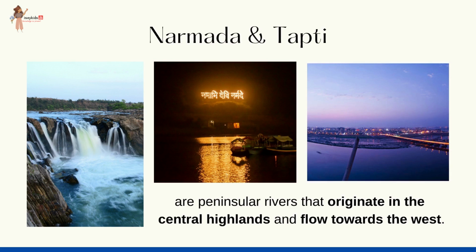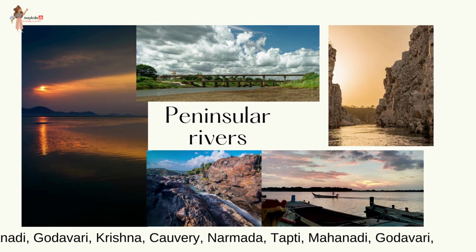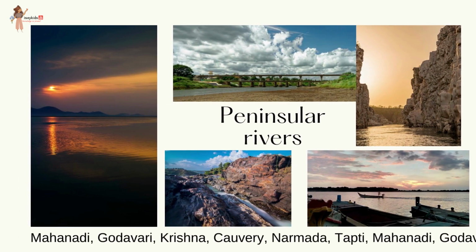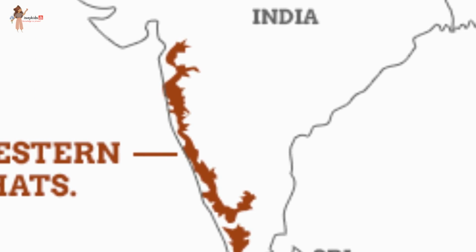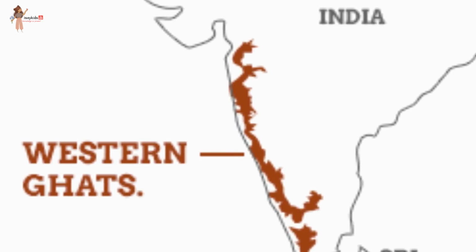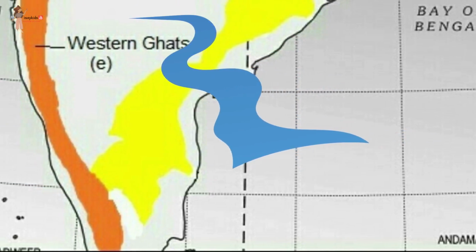However, some of the peninsular rivers like Narmada and Tapi originate in the central highlands and flow towards the west. Most of the rivers of peninsular India originate in the Western Ghats and flow towards the Bay of Bengal.